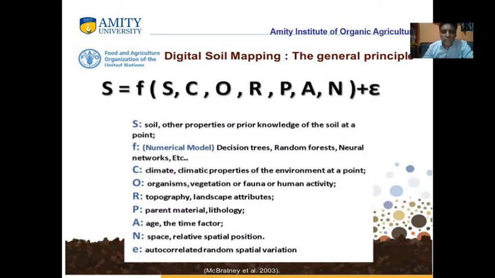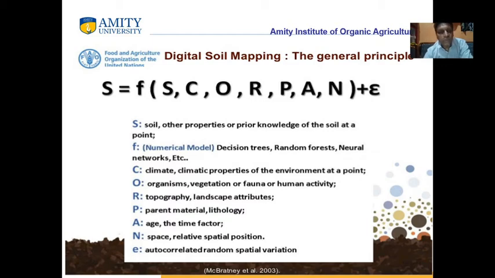There is an equation. This equation shows how our knowledge is about any kind of soil. When we go to a new place, suppose we are going on tour, on examination of a new soil, this formula is followed for testing new soils. Here S stands for prior knowledge of the soil.